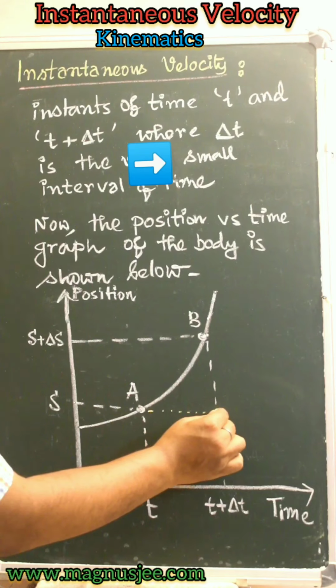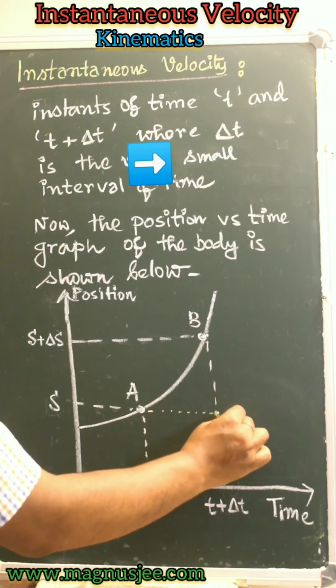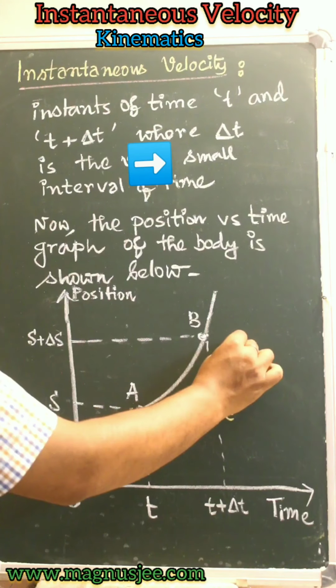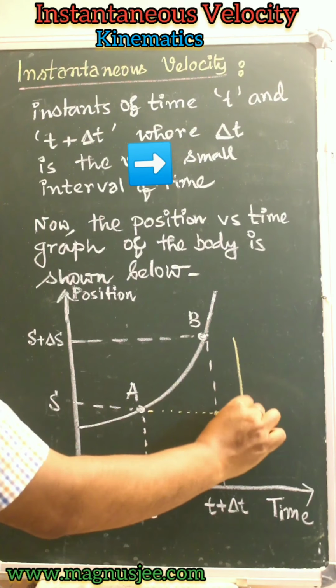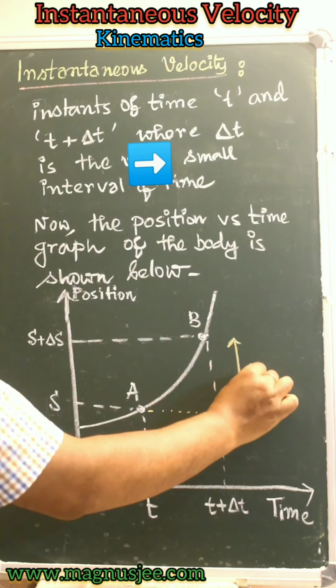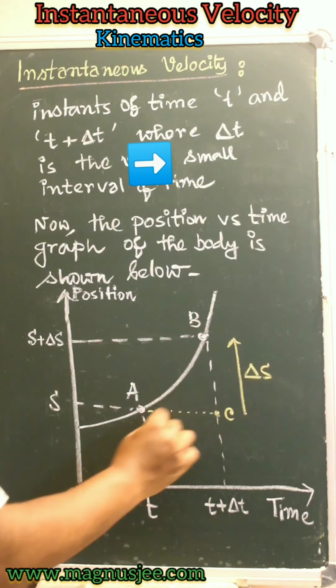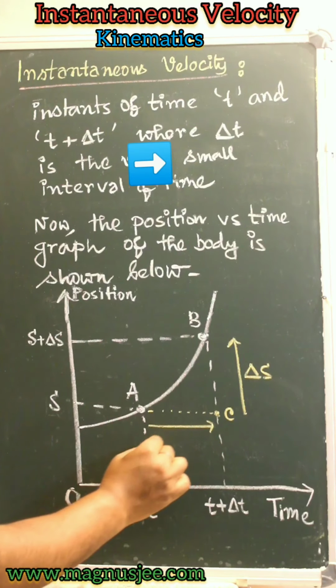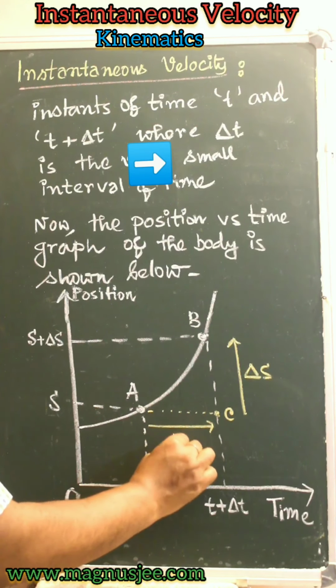We can connect this straight line up to the point C. Now, the length of the straight line BC is delta s, and the length of the straight line AC is delta t, a small interval of time.